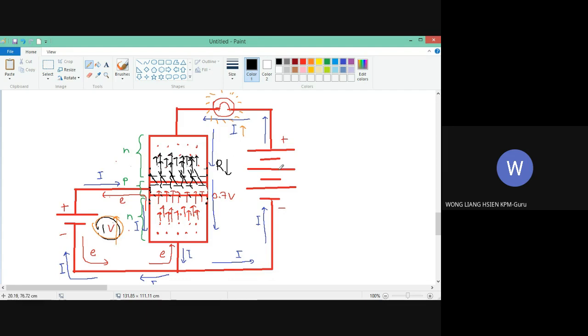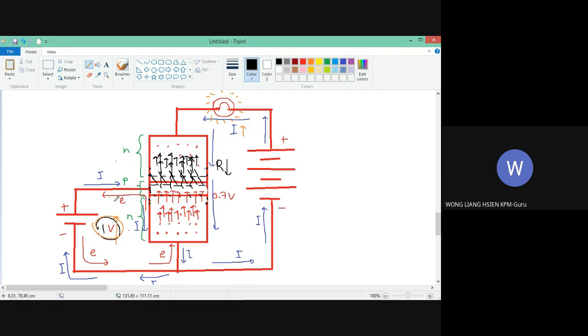So you see, this transistor can function as a switch where a small current or small voltage can control the big voltage. This small voltage turns on the transistor, then allows the big voltage or big current to flow.